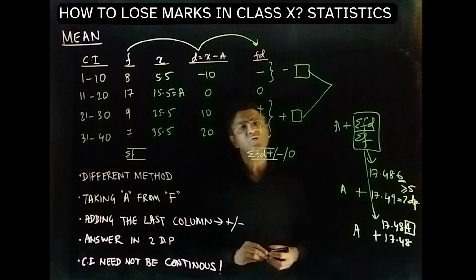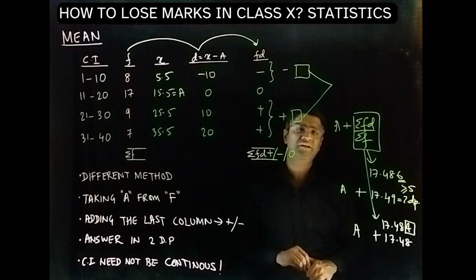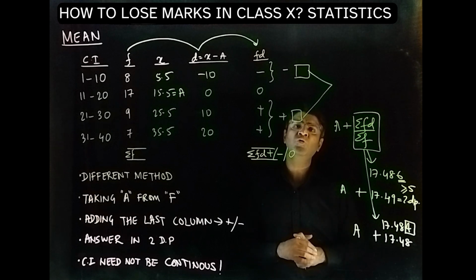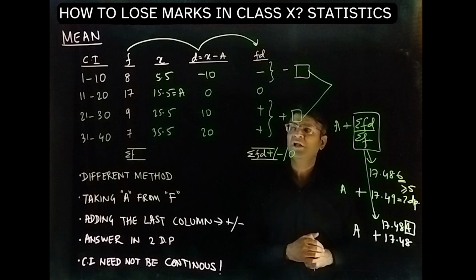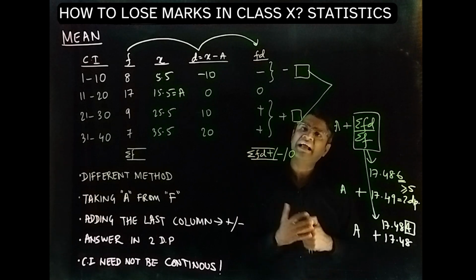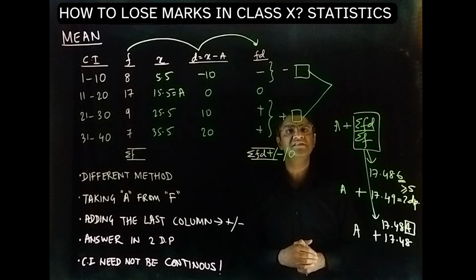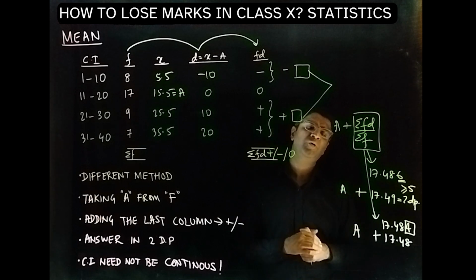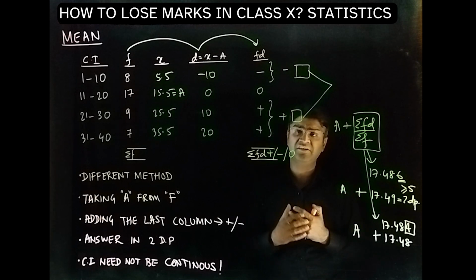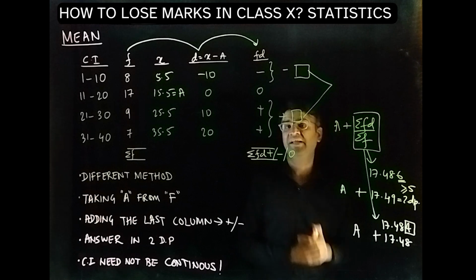See, when they ask you to leave the answer in two decimal place, they expect you to divide and find three decimal place and round off. Not only for mean, this is actually true for heights and distances, mensuration, or in fact for any chapter you are expected to leave the answer in two decimal place always.